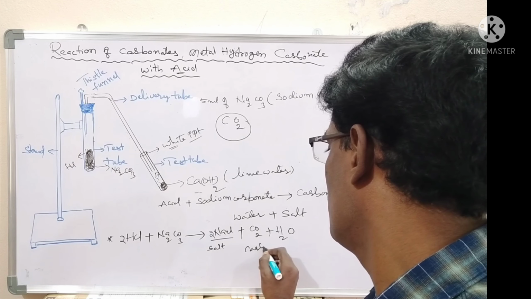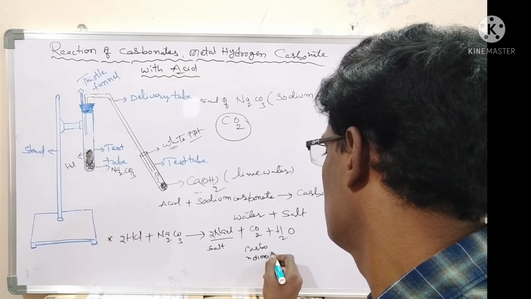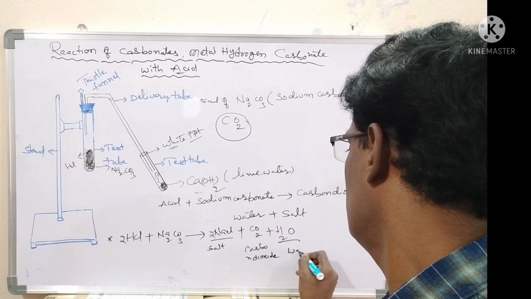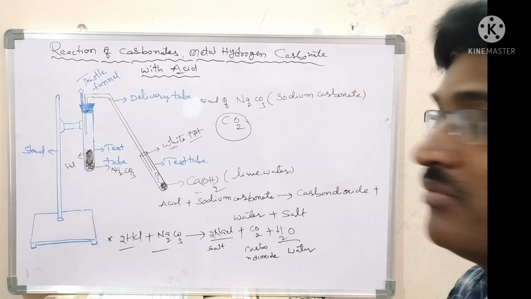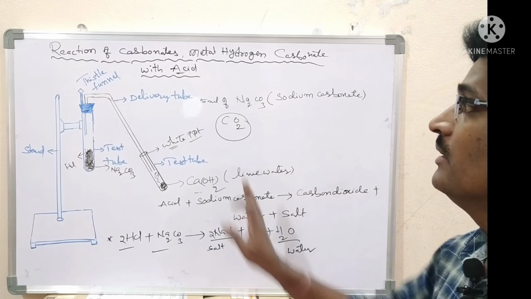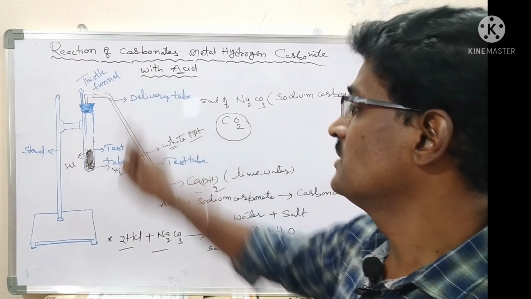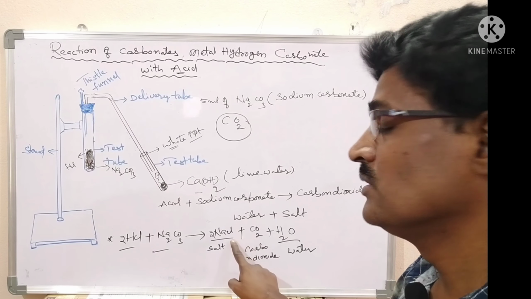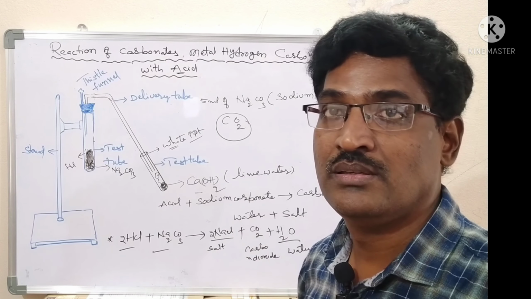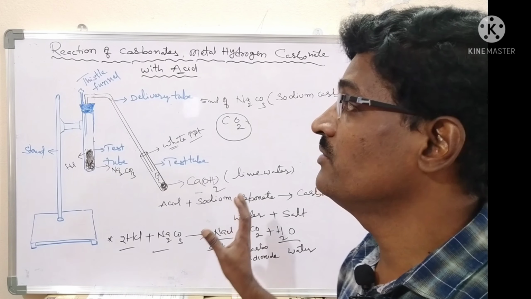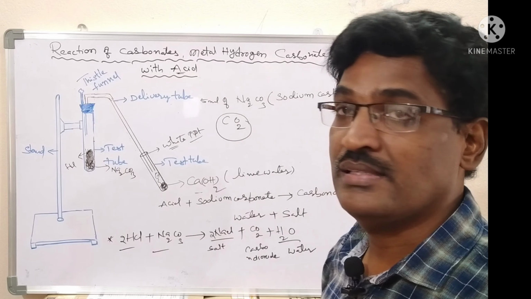It is carbon dioxide and water. What conclusion do we give? When acids react with carbonates, they give rise to salt, water, carbon dioxide.